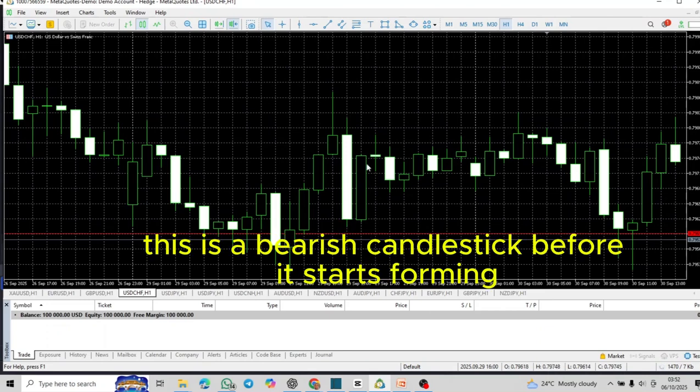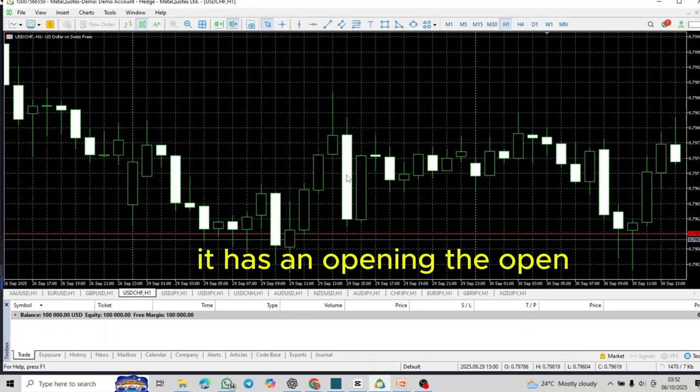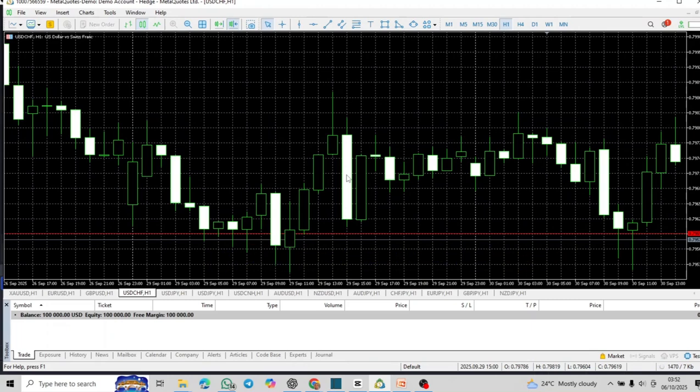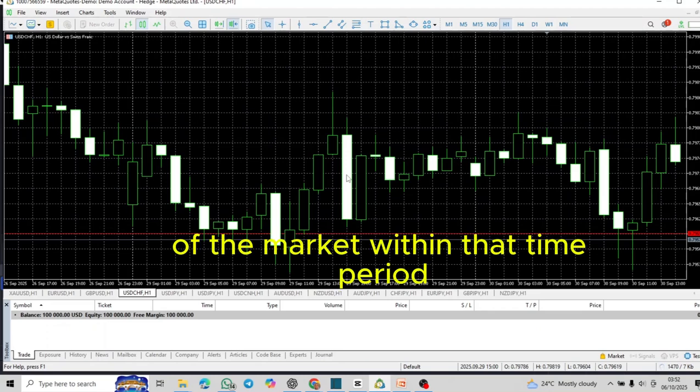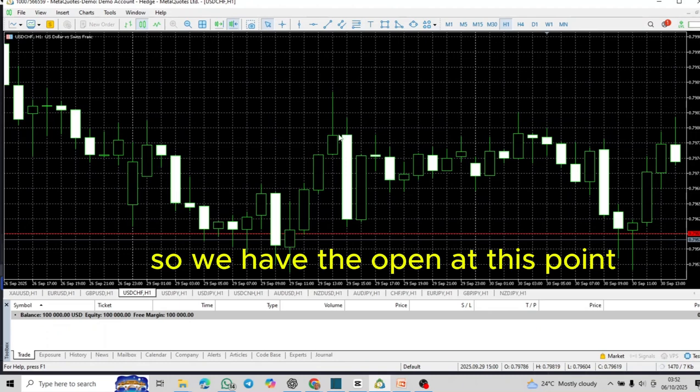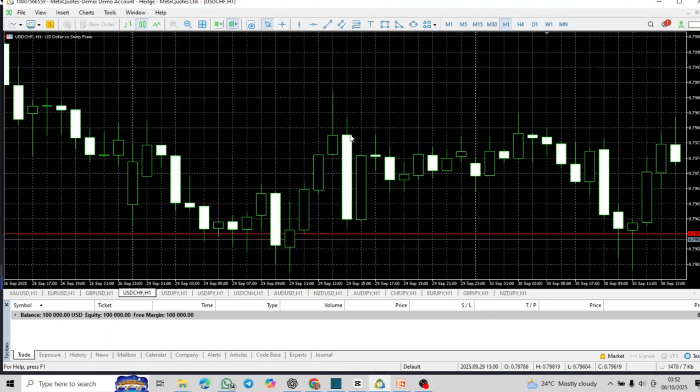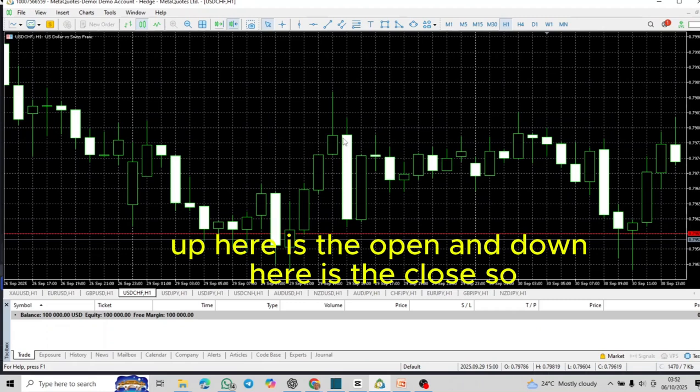Now this is a bearish candlestick. Before it starts forming, it has an opening. The open is the first price of the market within that time period. So we have the open at this point. Up here is the open, and down here is the close.